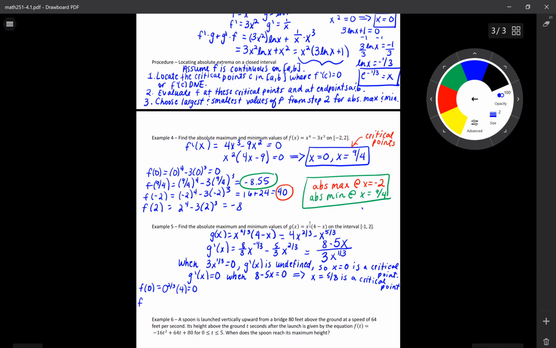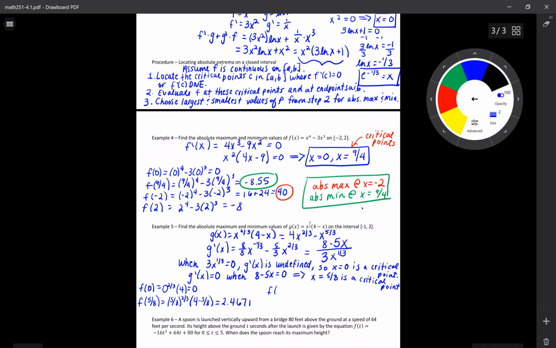F of 5/8 is equal to 5/8 to the power of 2/3 times 4 minus 5/8, which is equal to 2.4671. Those are my two critical points, and then I have to evaluate at the endpoints as well.